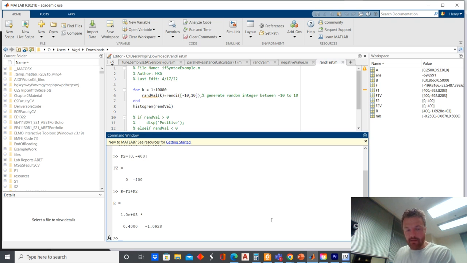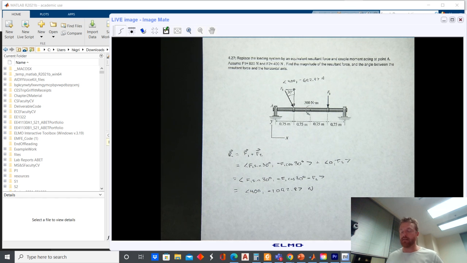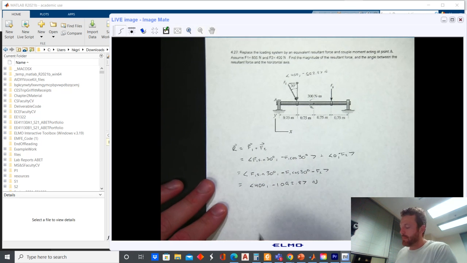When MATLAB writes 1E03, that just means 3 orders of magnitude. So the x component is really 400 in this case, and the y component is really minus 1093. Technically, let me just keep it all for now, just in case we need it. So I'll go back to the .cam and show you how I translated those. If you use your calculator, hopefully those are the results you get.